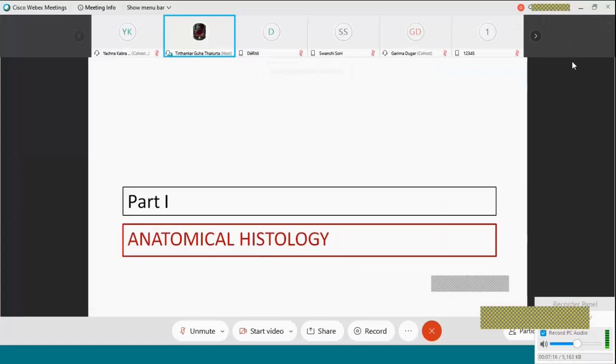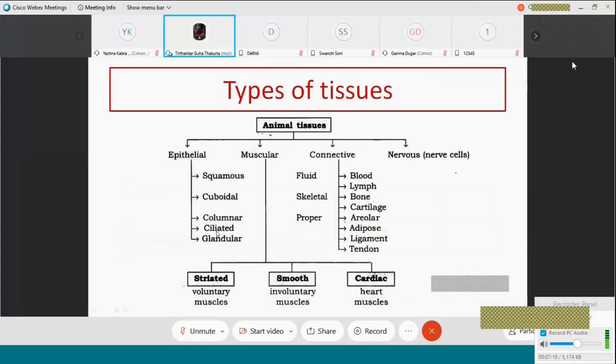We know that this slide is probably the simplest that you can imagine. This is something you have learned in your class 6 or 7 standard. We know that animal tissues are broadly of 4 categories: epithelial tissues, muscular tissue, connective tissue, and nervous tissue.